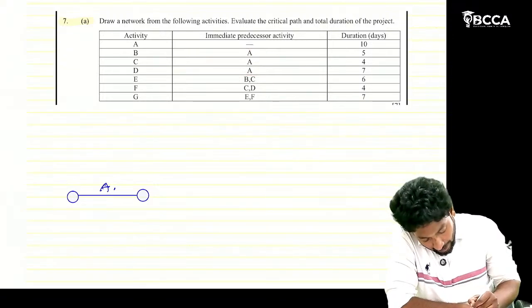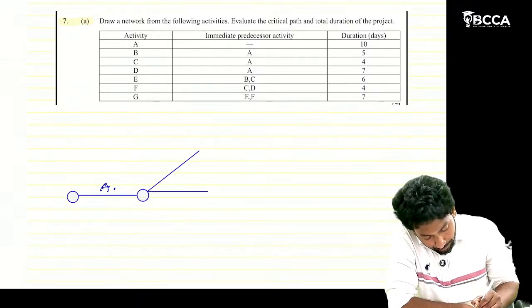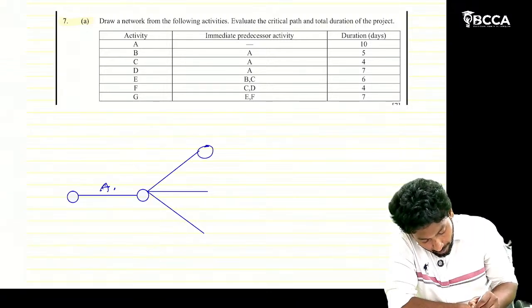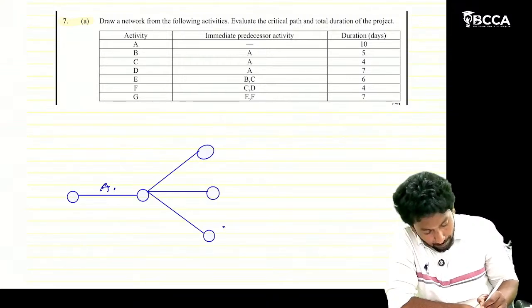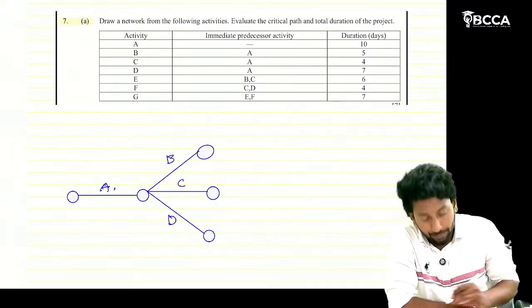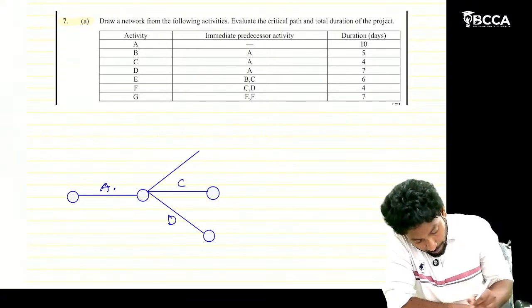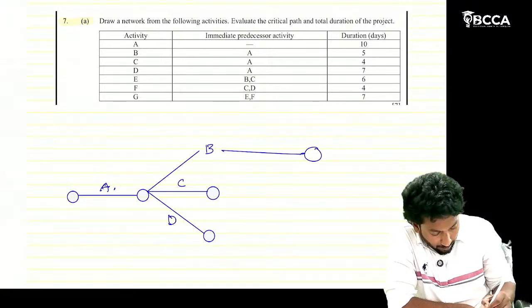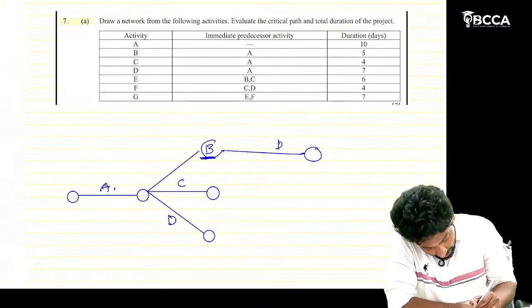That means at the end point of A, we can start three activities: B, C, D. One is B, one is C, one is D. You should not name B in between these lines. This is an event.